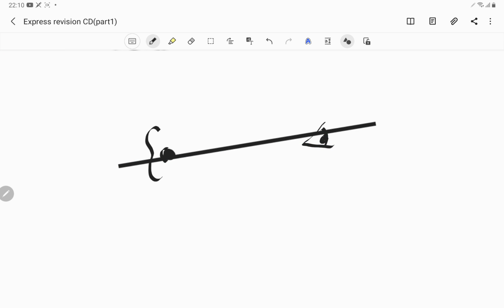And the other one is the FH plane. FH plane, if you remember, is porion to orbitale, which we studied in ortho. So suppose this is our FH plane, then the point is 10 millimeters anterior on the FH plane, 7 millimeters below the FH plane. So the Bergstrom point.